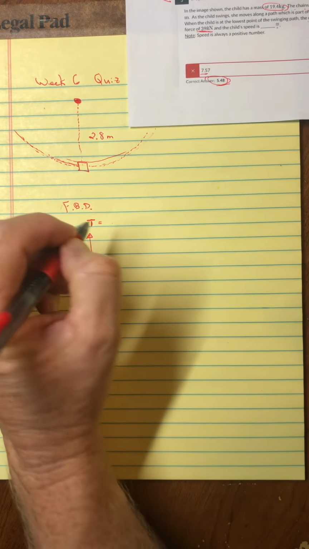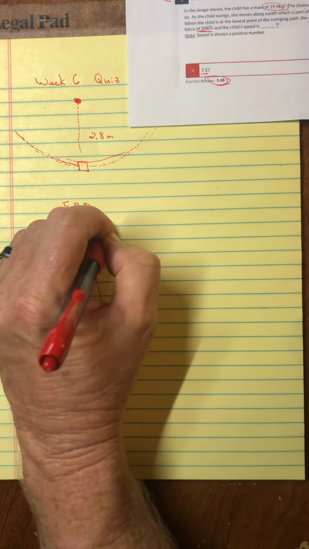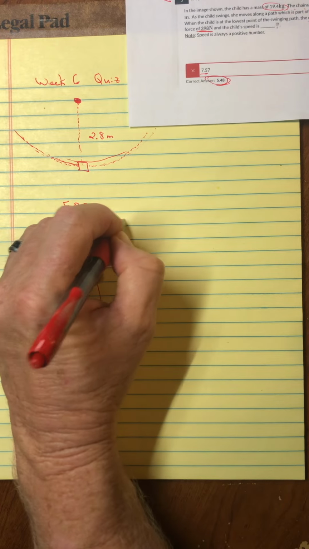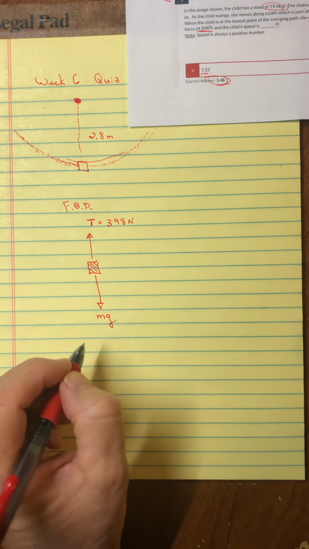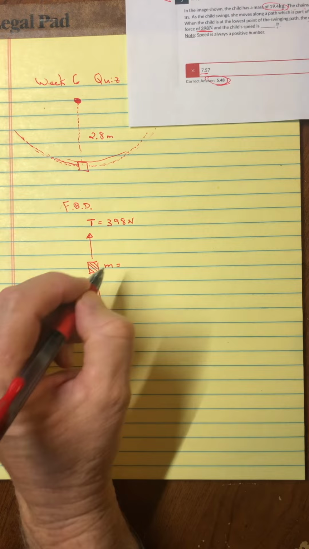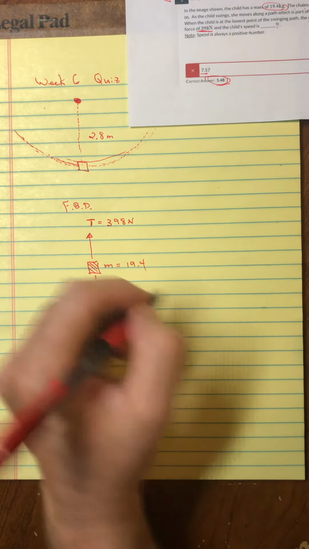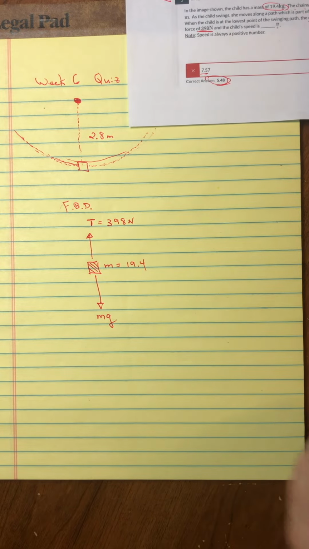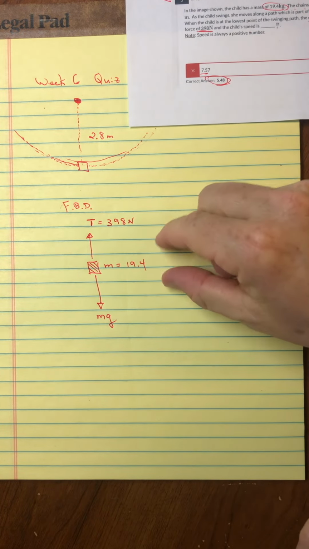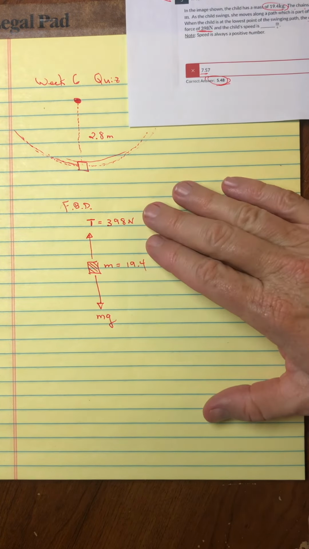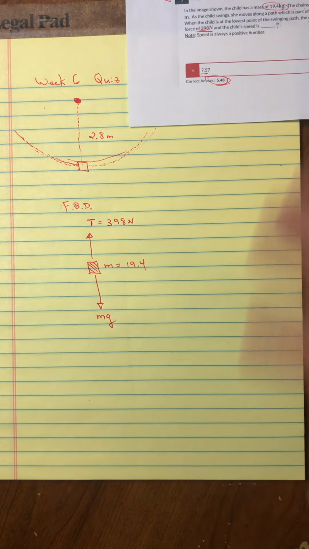Although they do give me that number, so maybe I'll put it in my diagram: 398 newtons. They also gave me the mass of the child, so I'll put that in my diagram as 19.4. But the numbers aren't real important in the free body diagram. In fact, sometimes they make things worse because they just make it cluttered.